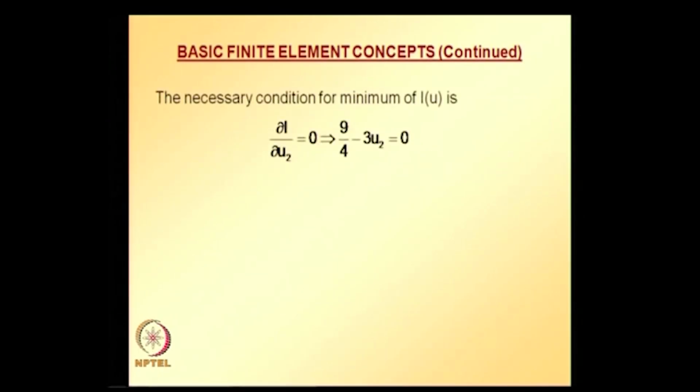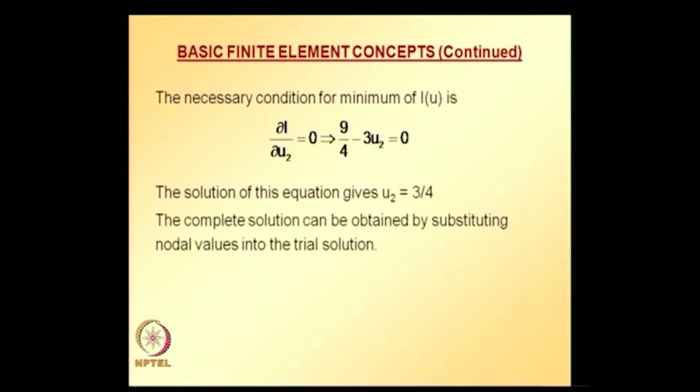So the necessary condition for the minimum of I is the derivative of I with respect to u2 equal to 0, which leads to one equation, one unknown. You can solve for this unknown u2 and back substitute it into the trial solution. You get the complete solution.